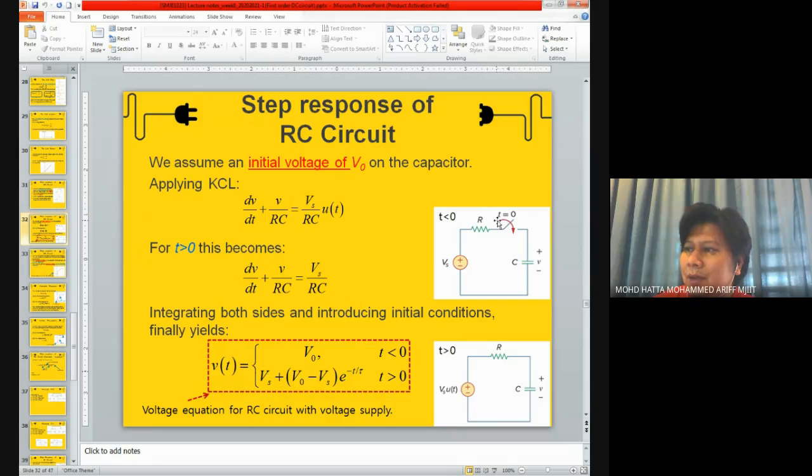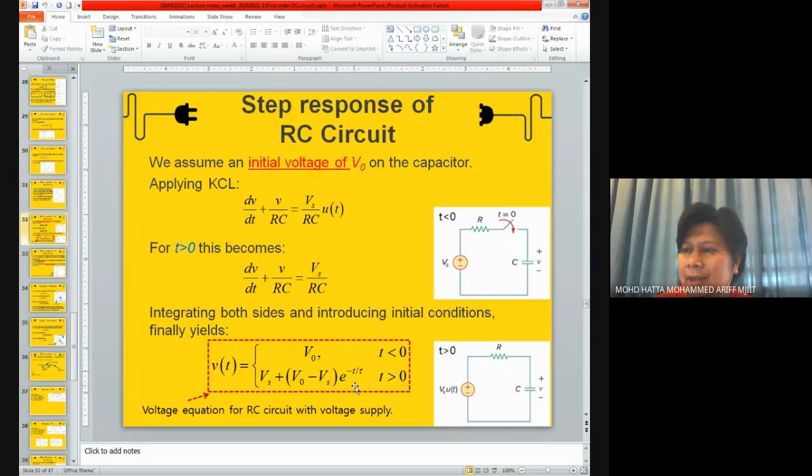After the switch is closed, at t greater than 0, the response of the voltage across this capacitor is given by Vs plus (V naught minus Vs) e to the power of negative t over tau.